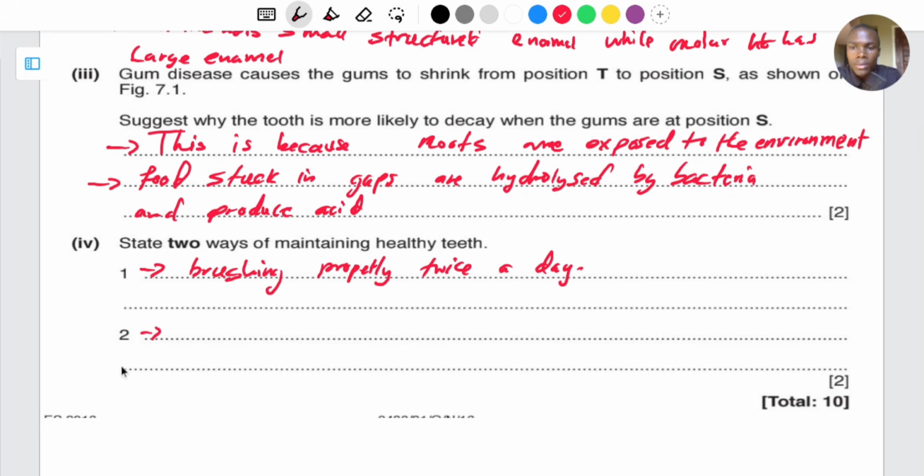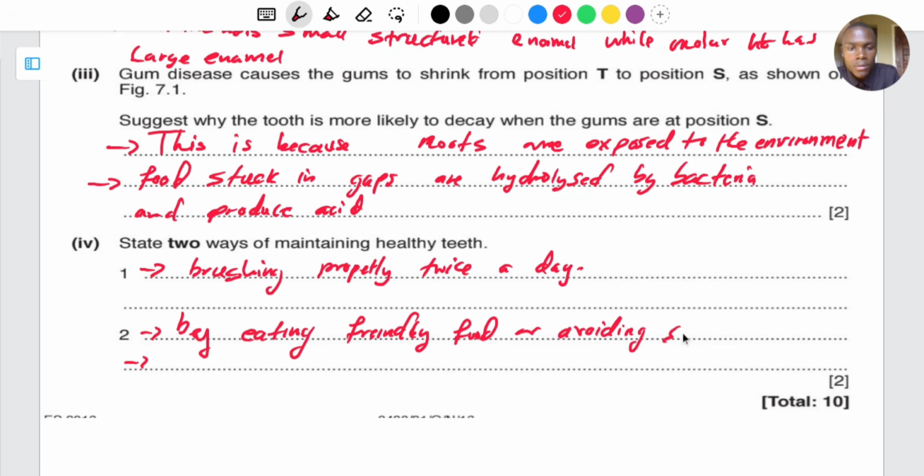Then apart from that one, we can talk of eating friendly food by avoiding sweet foods like those that contain sugar. So you can say by eating friendly food, or avoiding sweet food.